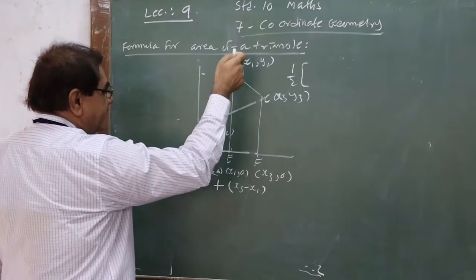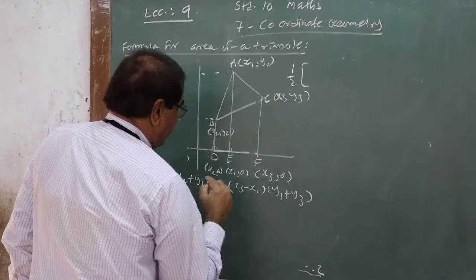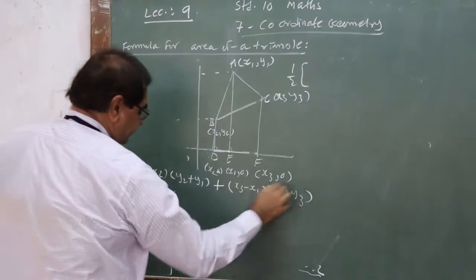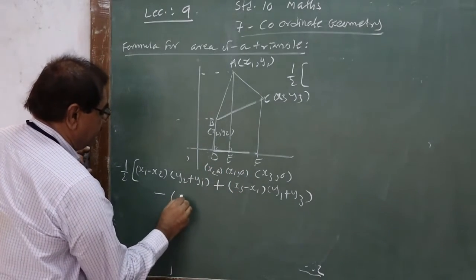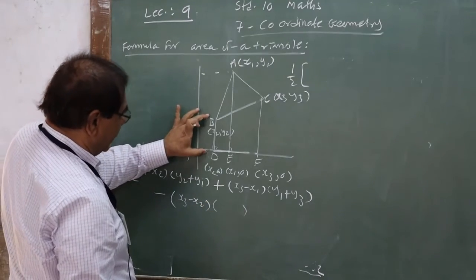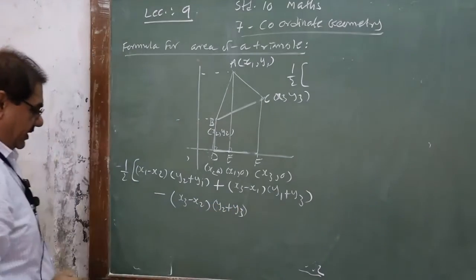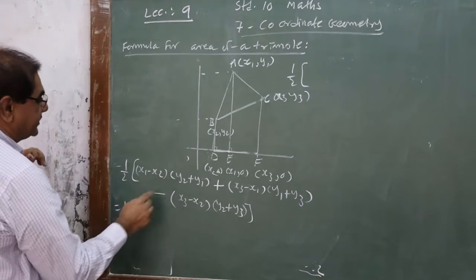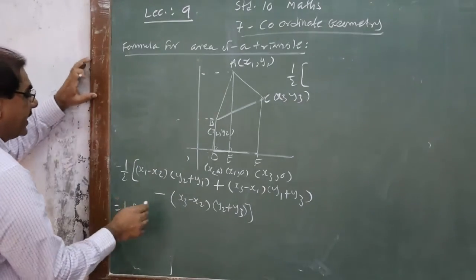And what is the sum of parallel sides? y1 plus y3. Okay, and minus the third trapezium, DF is the altitude, so it is x3 minus x2, and the sum of the parallel sides is y2 plus y3. Okay, now 1/2 is common. Let us take the multiplication. Somewhere in the sign we have committed a mistake, so we will be particular now.